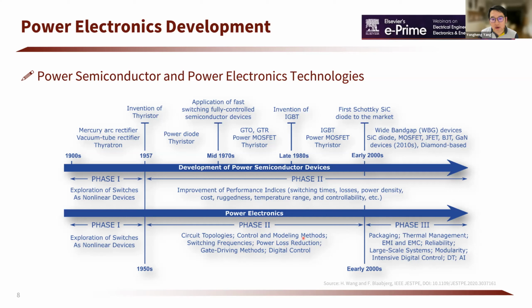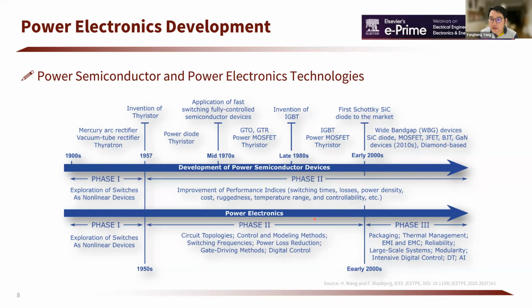But entering the late 1980s, the focus changed from the exploration of switching devices to circuit topologies, control and modeling methods, and we focused on the performance improvement of such power conversion systems or energy conversion systems.